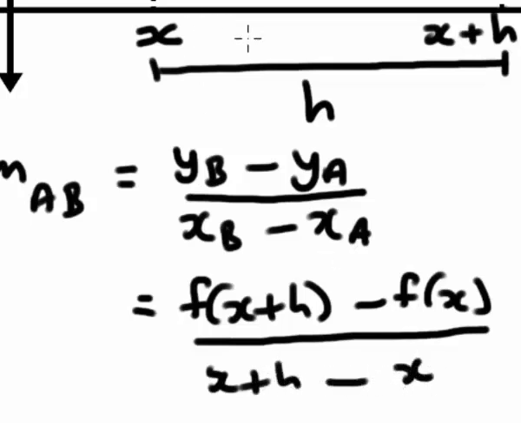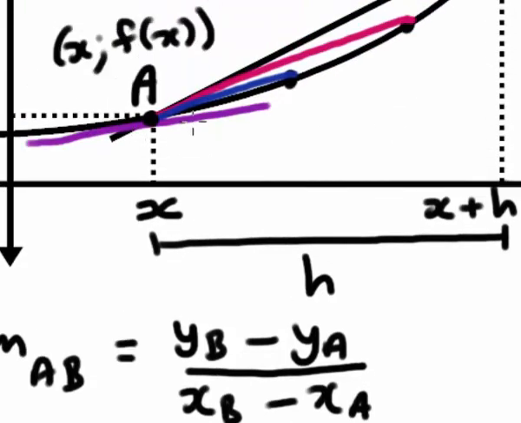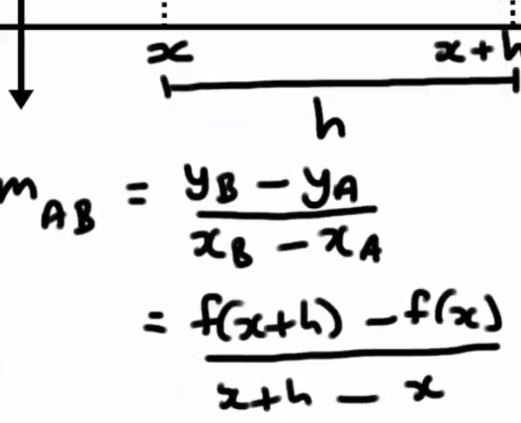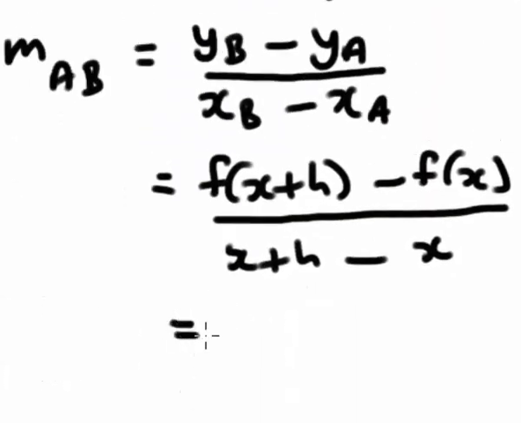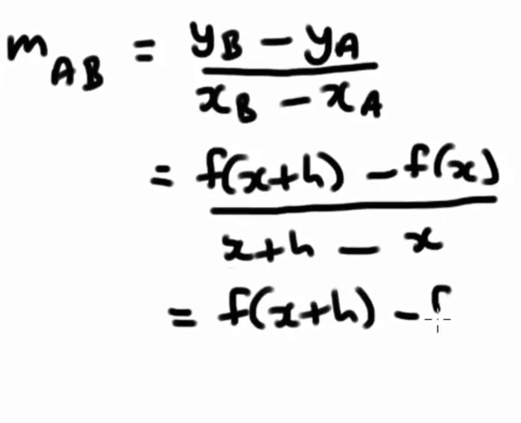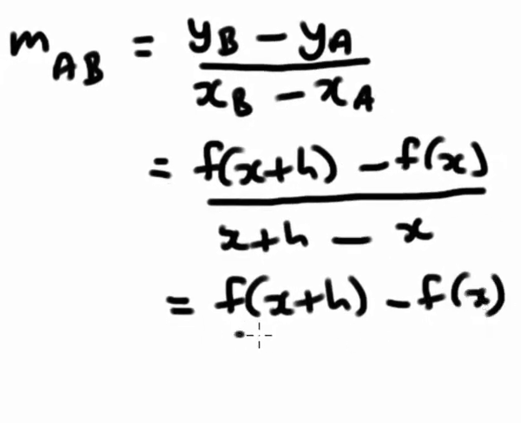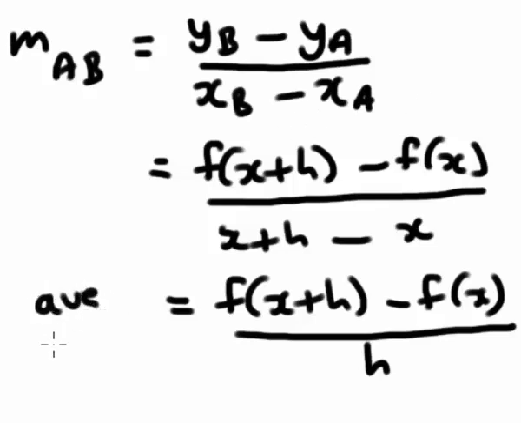Well, that is X. Then you'll notice that the X's cancel. So we're left with a little formula: F of X plus H minus F of X, all divided by H. Now this is the gradient of line AB, also referred to as the average gradient of F between points A and B.